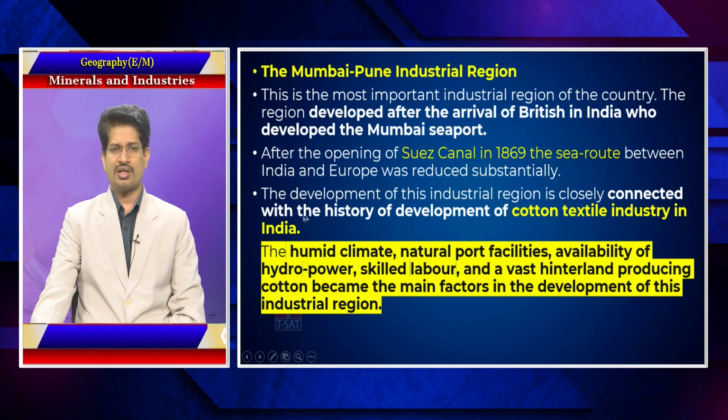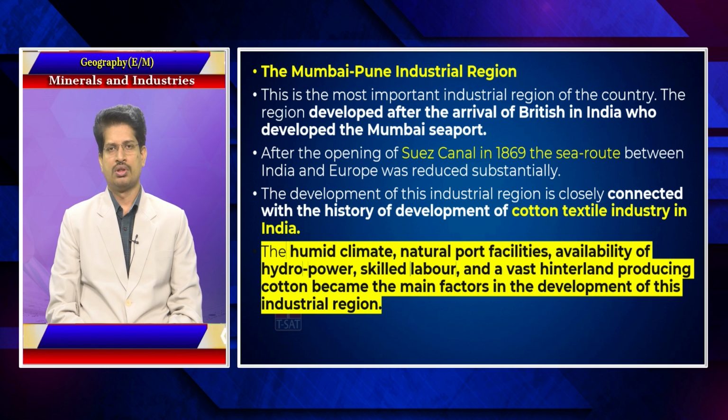Apart from this, there are certain advantages when the technology at that point of time was low. There are certain conditions required for the development of cotton textile industries. One is a humid climatic condition. The reason behind it is that to make yarn from cotton, to make these threads, the atmosphere must be humid.